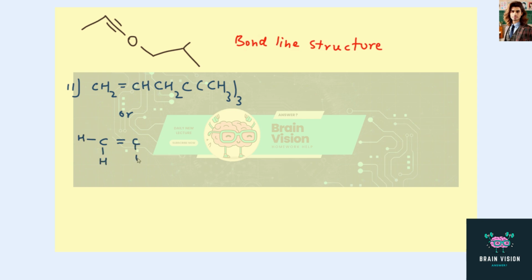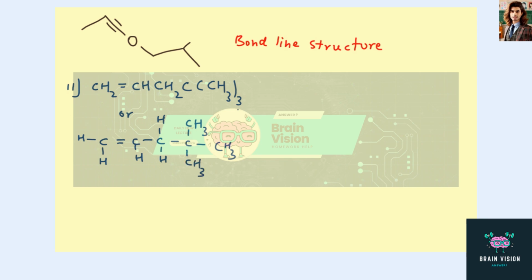Now we have one hydrogen atom, and then this carbon atom containing two hydrogen atoms, and then this carbon atom, and this time it is CH3 whole thrice. So this means that the CH3 group is repeated 3 times. So this will be the complete structure.